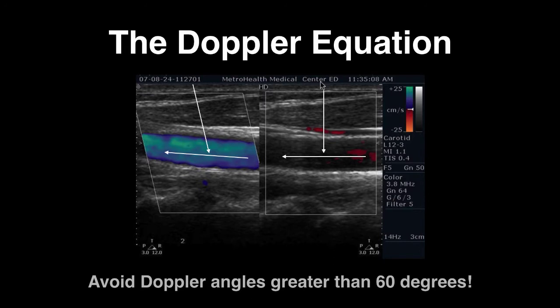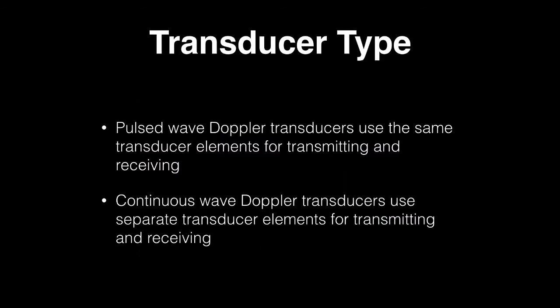But you can see here when we're at 90 degrees, we get no flow, again remembering that the cosine of 90 degrees is 0. When performing B-mode ultrasound, where you're obtaining your grayscale anatomic imaging information, you're going to be using pulse wave Doppler transducers, which use the same transducer elements for transmitting and receiving signals.